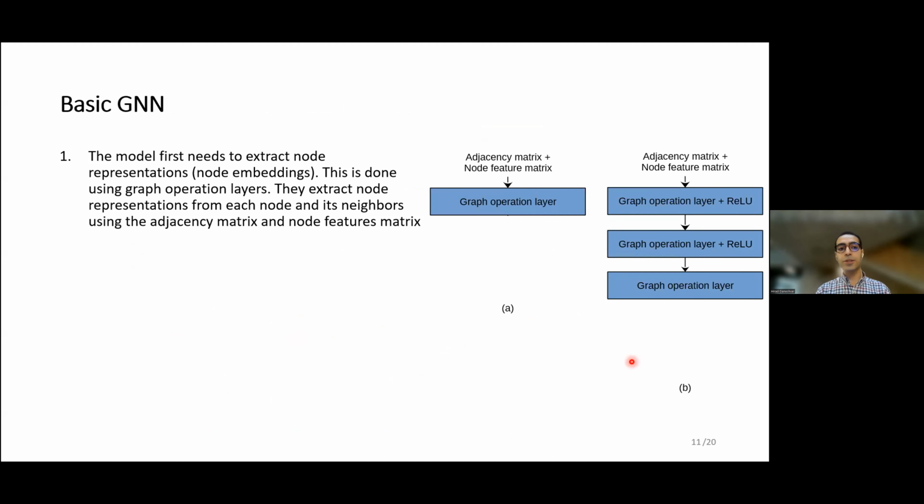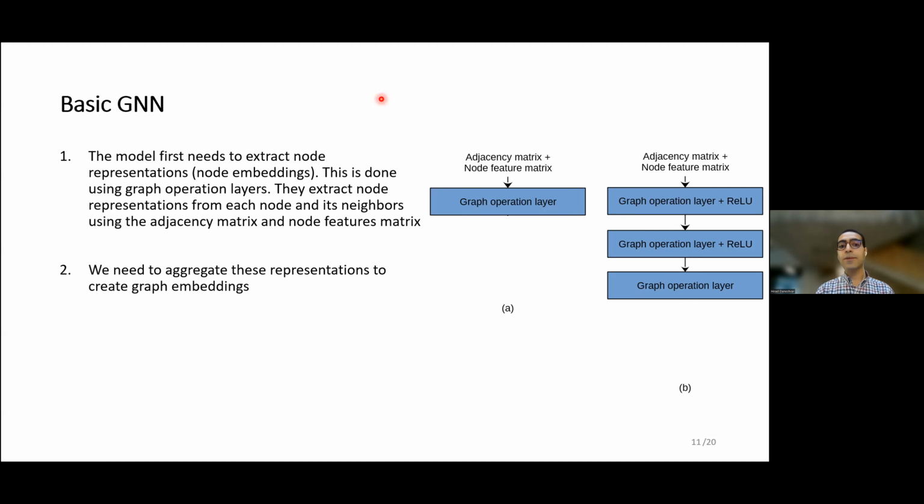Basically in GNNs, they first need to extract the node representation or node embedding. This is done here using graph operation layers. They extract node representations from each node and its neighbors using the adjacency matrix and node feature matrix. On the right, we have two model structures, one with one layer of graph operation, one with three layers of graph operation.